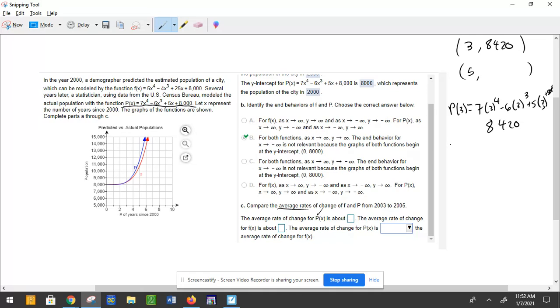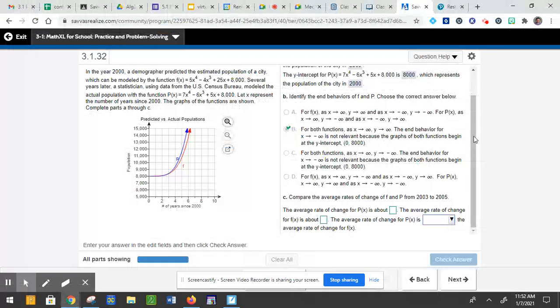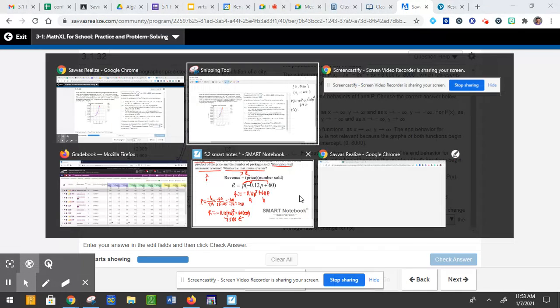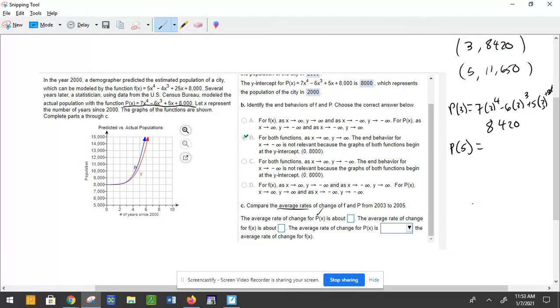And then do the same thing for 5. So I can find p of 5, just substituting 5 in for the same function. Instead of 3, it's 5. And I got 11,650. So now I've got my two ordered pairs.